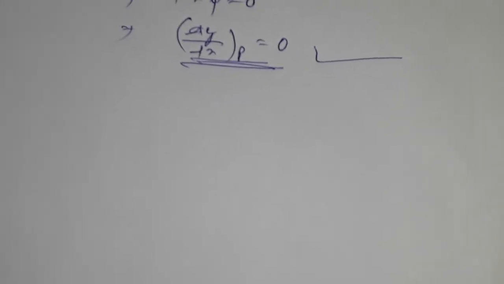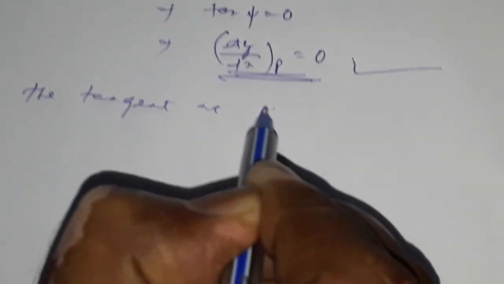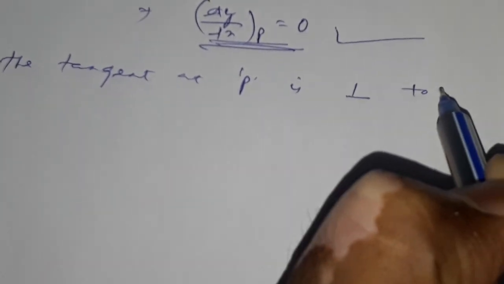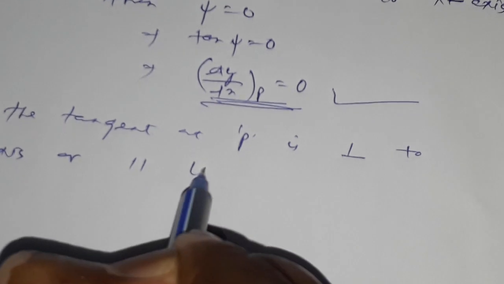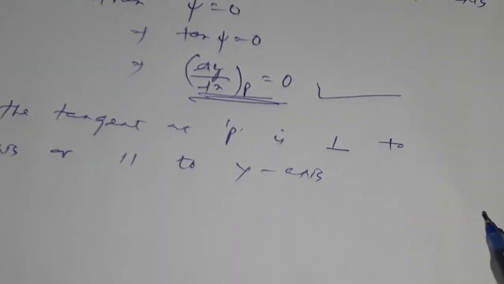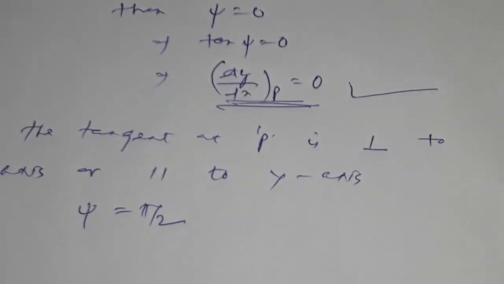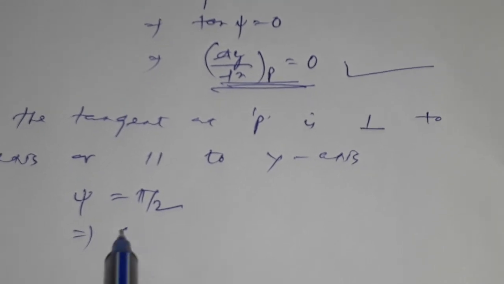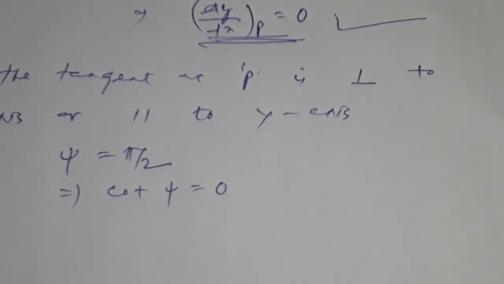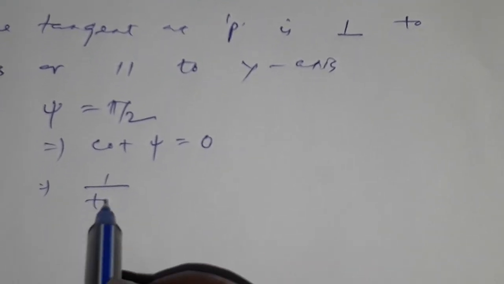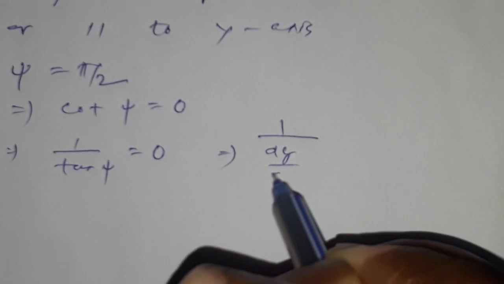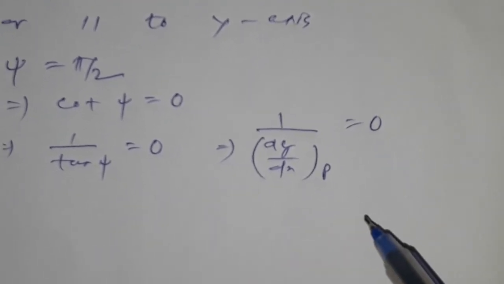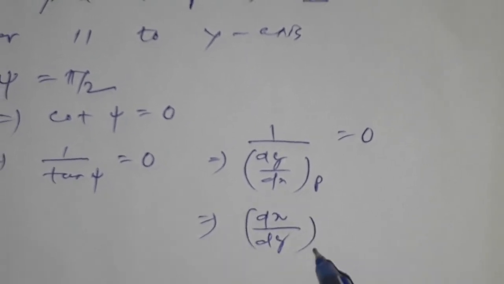If the tangent at P is perpendicular to the x-axis or parallel to the y-axis, then psi equals pi by 2, which implies cos psi equals 0, which implies 1/tan psi equals 0, which implies 1/(dy/dx at P) equals 0, which implies dx/dy at P equals 0.